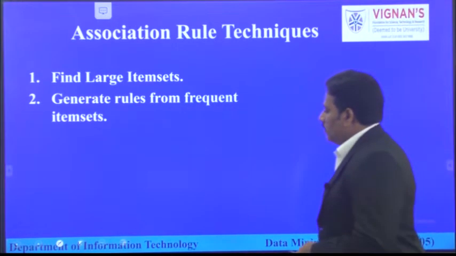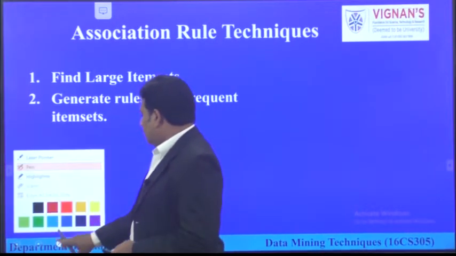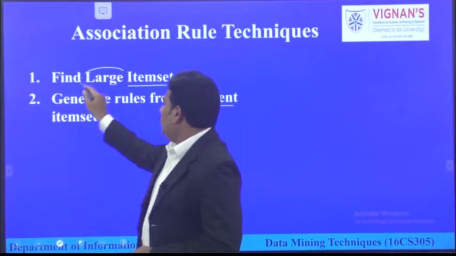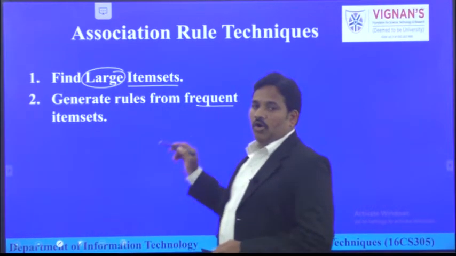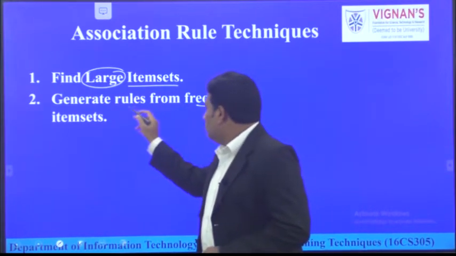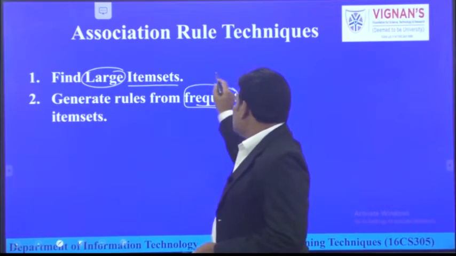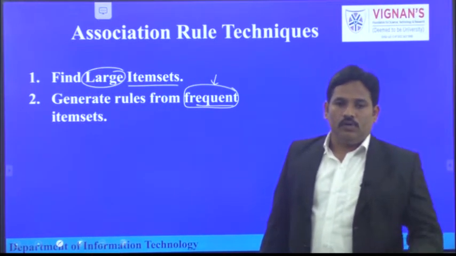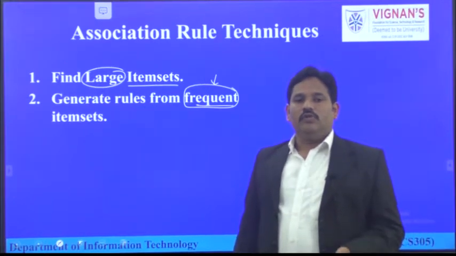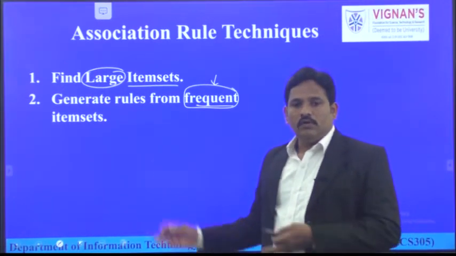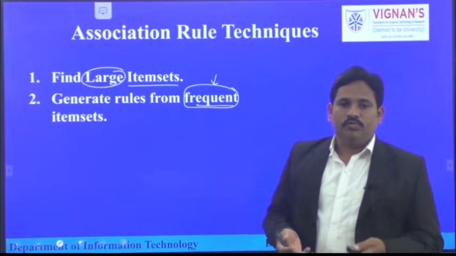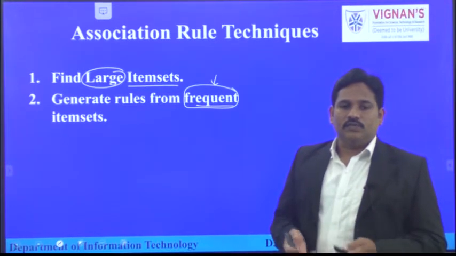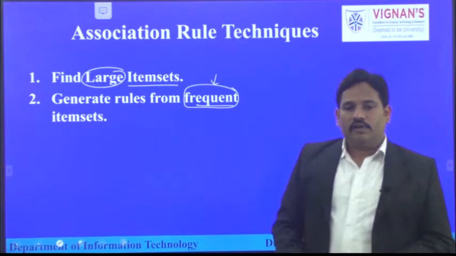Here the item set word looks similar, but first we find all larger item sets, and among them we derive the frequent ones. This is the key aspect. We want to find the frequent item sets. How can we know which is frequent and which is infrequent? By using a required threshold. If you put the threshold value as 60%, transactions with support value above 60% can be considered frequent.